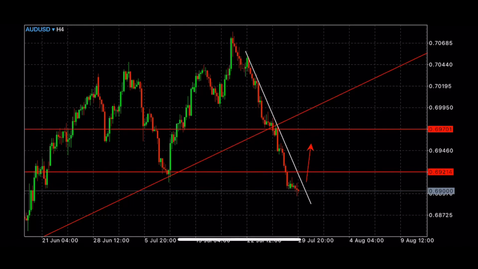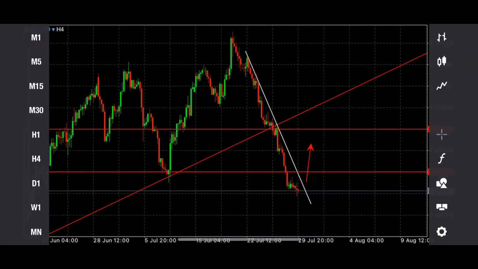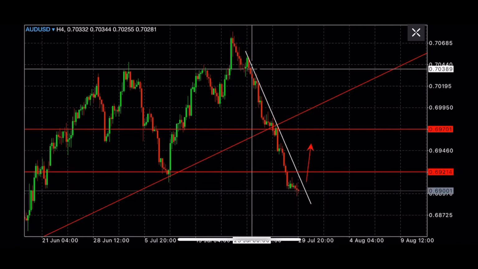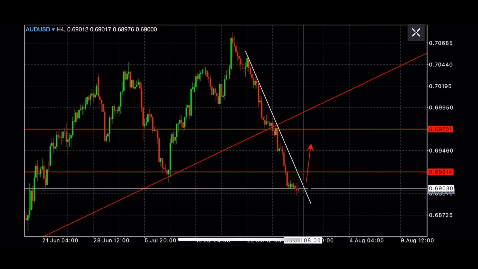But this is gonna help you if you won't be there to monitor how the price is performing, so you can enter the trade manually once it crosses this line that we have here.